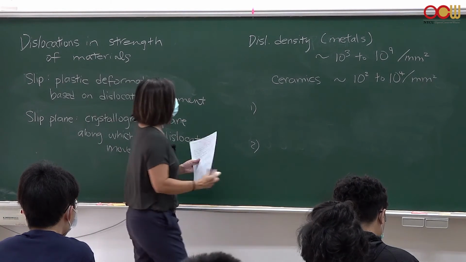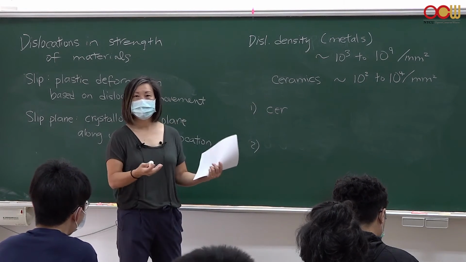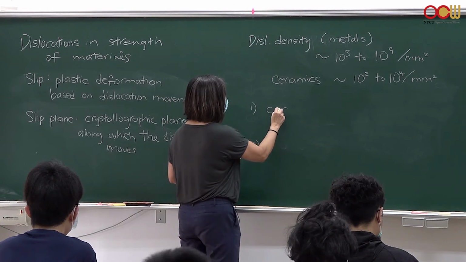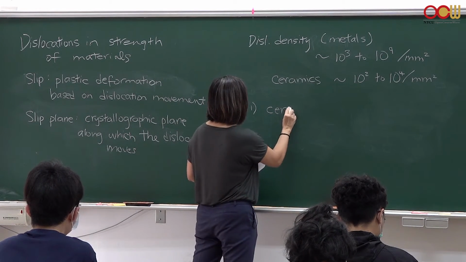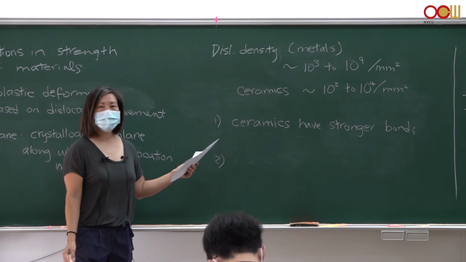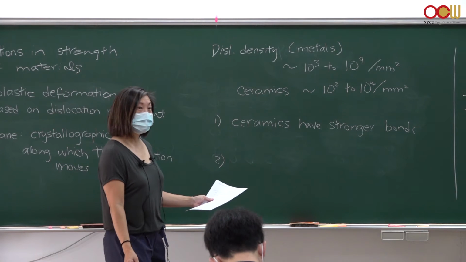Right, so ceramics have stronger bonds, so they're more difficult to break, because you have to break bonds in order to have dislocations.